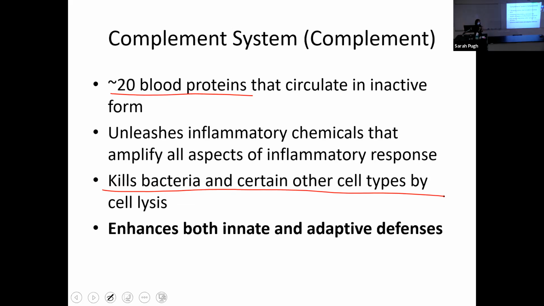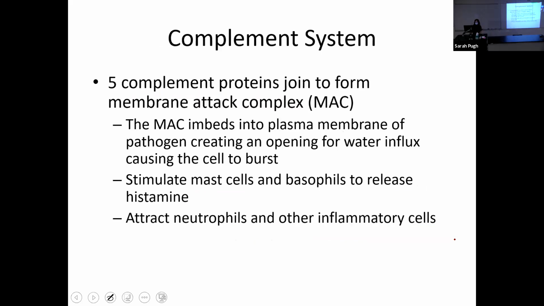They're basically going to punch holes in that cell. So complement proteins play a role in the innate defenses, but they also play a role in the adaptive defenses. So you'll see that as we talk about that next week or on Thursday.